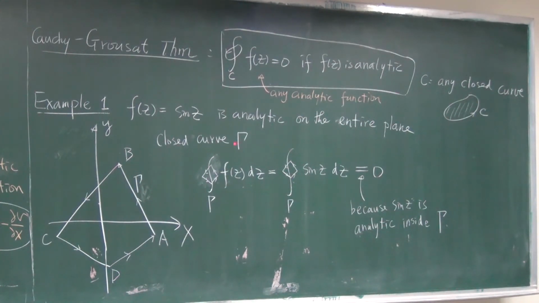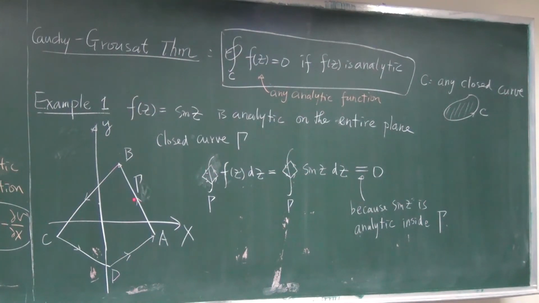Okay. Now, we choose a closed curve like this, gamma. The corners of gamma are A, B, C, D. Since I had already used capital C here, I cannot use it for the curve, so I use gamma instead. So see, the closed curve gamma here is in a very strange shape.